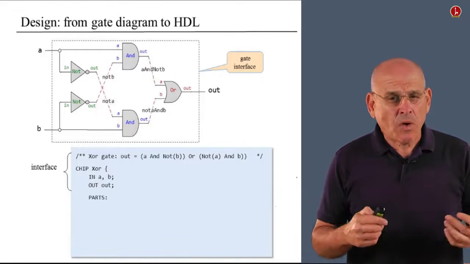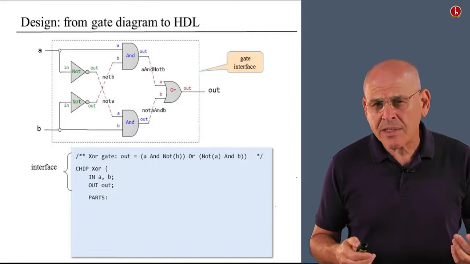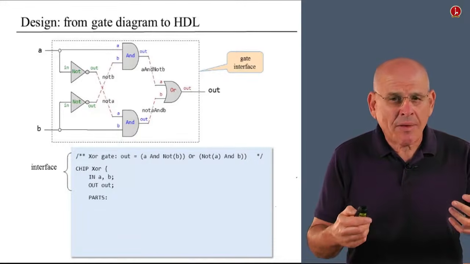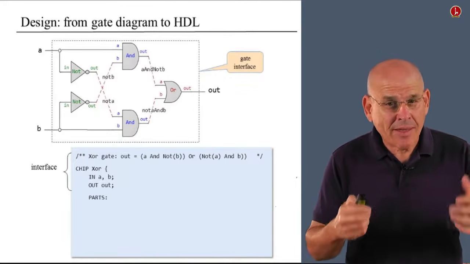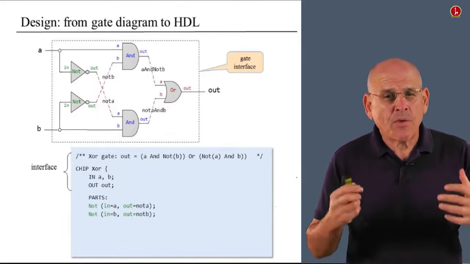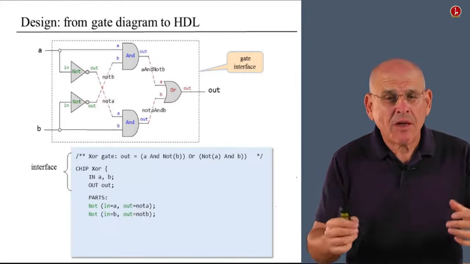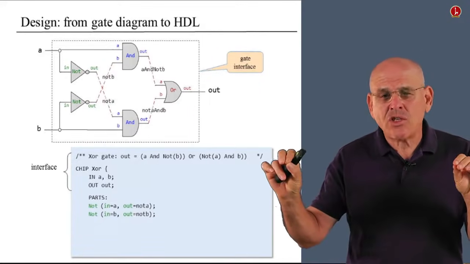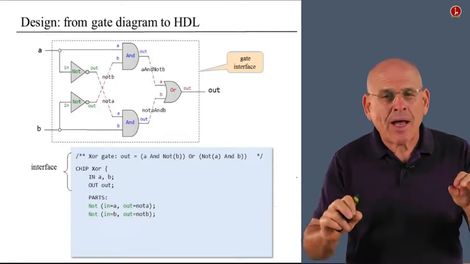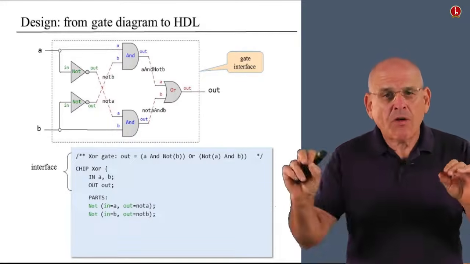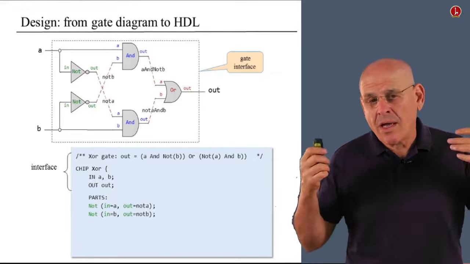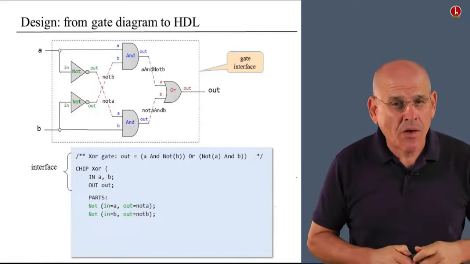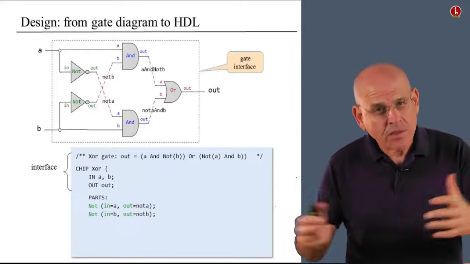Basically, what we do is we begin to describe the gate diagram one chip part at a time. For each one of the chip parts that we have, we write a single HDL statement that describes the chip along with all its connections. We happen to have two NOT chip parts, so we describe them.